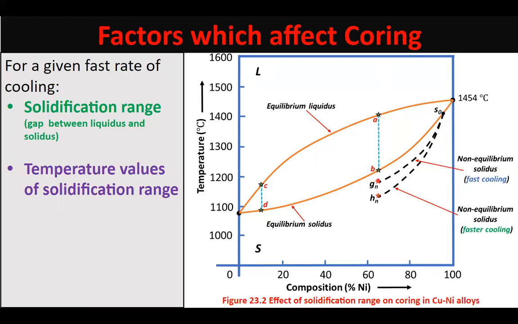No. See, coring depends upon composition gradient. What does diffusion depend upon? Students, the driving force behind diffusion is composition gradient. But only composition gradient existing does not lead to diffusion.